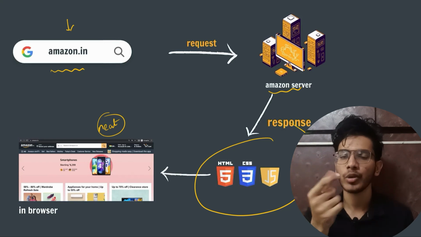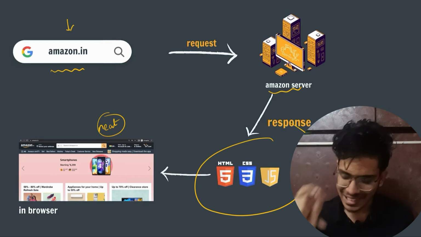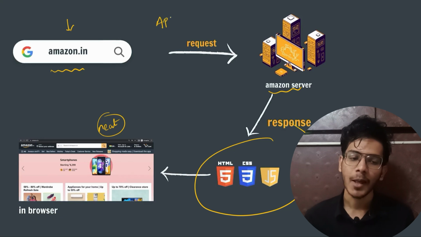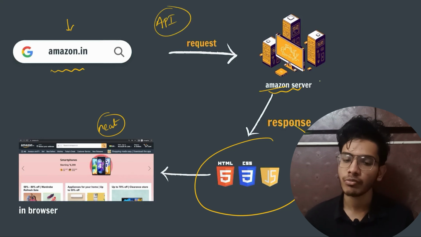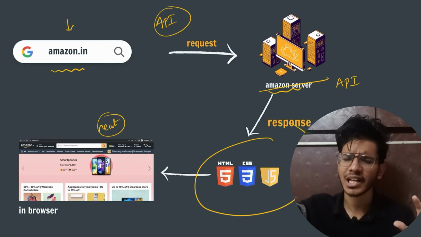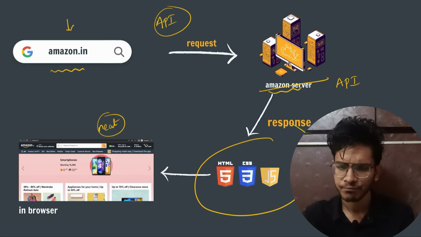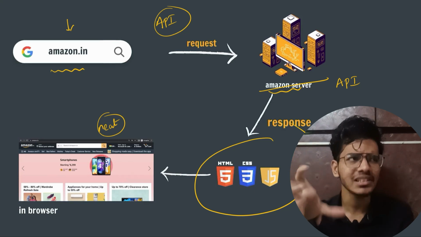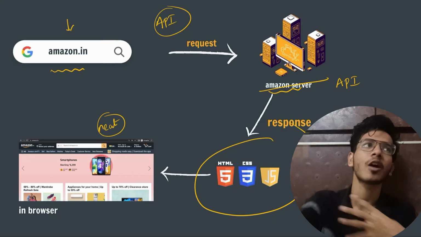This cycle we call the request response cycle, and an API is very similar to this cycle, but in place of the server, we will have APIs. The full form of API is application programming interface. We will talk about what an API is and why we use it in detail, but all you need to understand here is that if I replace our server with an API, the work of that API is to return some data whenever I call it.